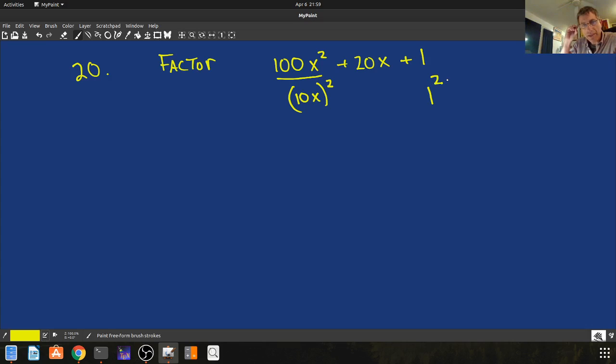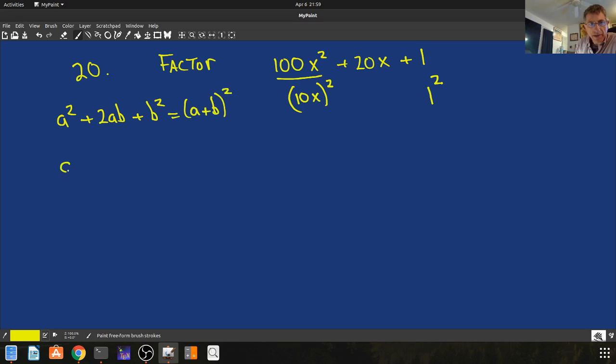So this reminds me of special products. A squared plus 2ab plus b squared is equal to a plus b squared.